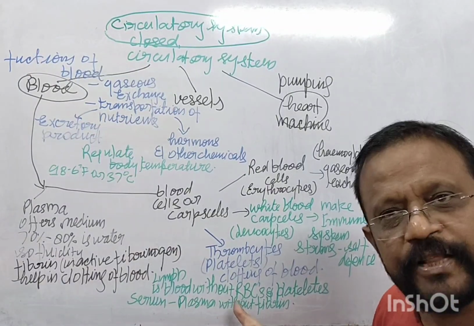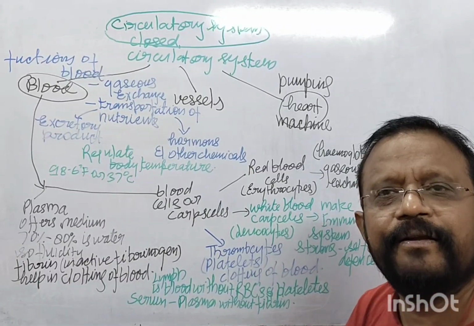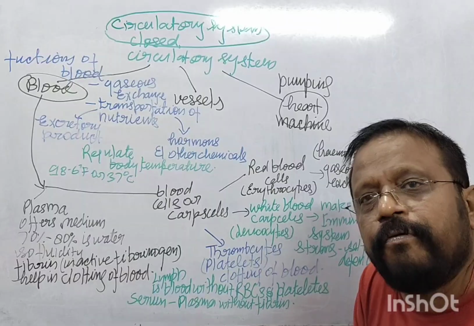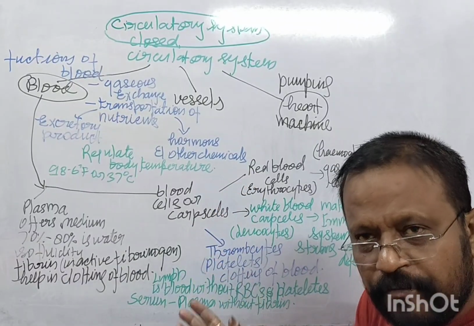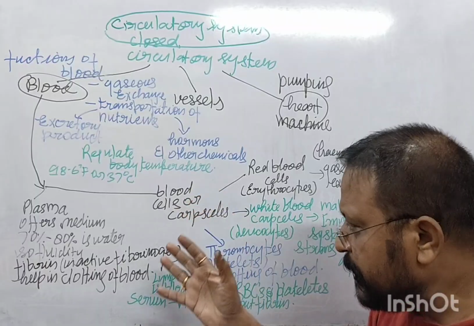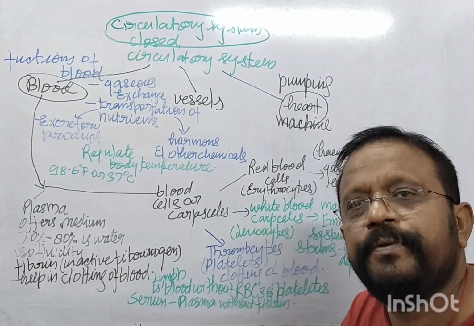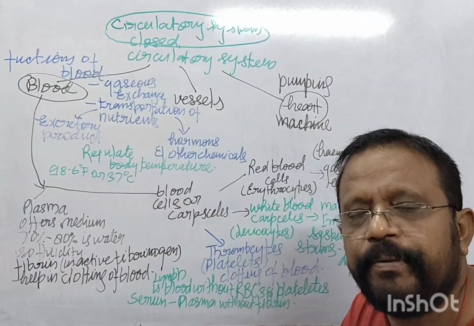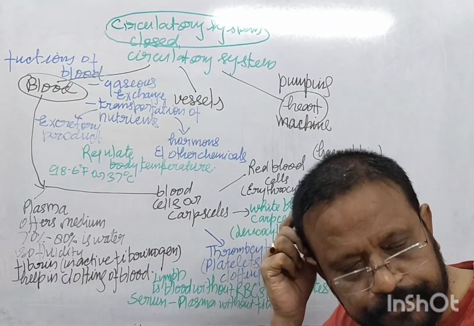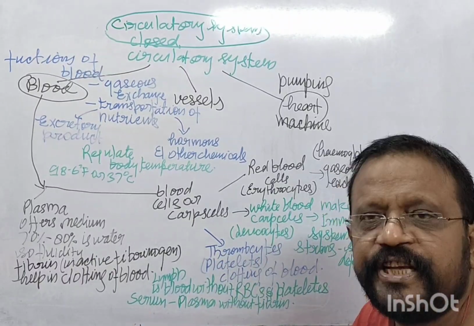It is plasma without fibrin. It can be given. It has no nutrients, but it keeps the volume of blood maintained, till the time they match the blood group, find blood of that group, and then inject blood also. So this is the role of serum.